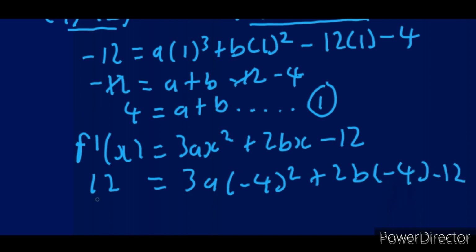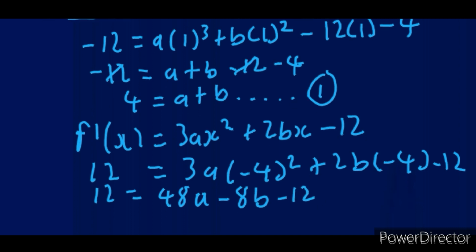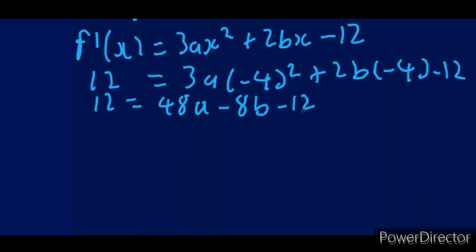And then from there we're going to have 12 equals 4 squared is 16 times 3 is 48. So we're going to have 48a. And then this side we're going to have minus 8b minus 12. And then from here, if we take this 12 to the other side, it's going to double up. It's going to be 24 equals 48a minus 8b.